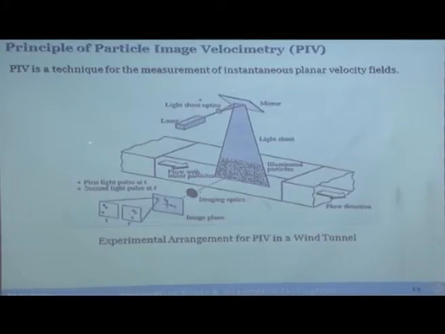This is the wind tunnel, and this section of the wind tunnel you have made transparent by putting perspex sheet or glass sheets. So, the flow is not disturbed, and this is basically a rectangular cross section. Okay. So, there is no effect of curvature on the images. So, this is a very simple arrangement just to understand.